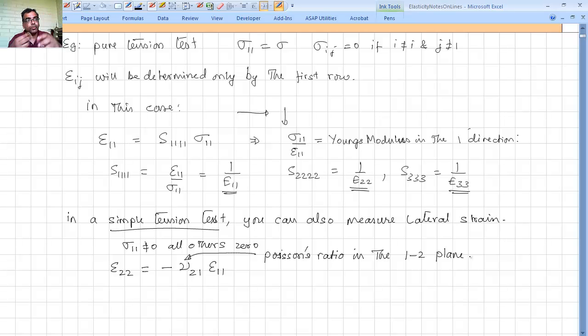You see what I mean? The two perpendicular directions may get shrunk by different amounts. So you got to have many different Poisson's ratios.